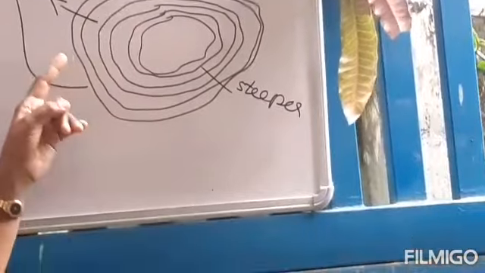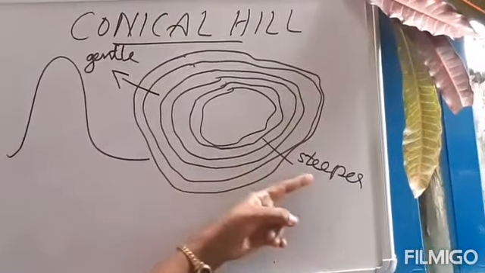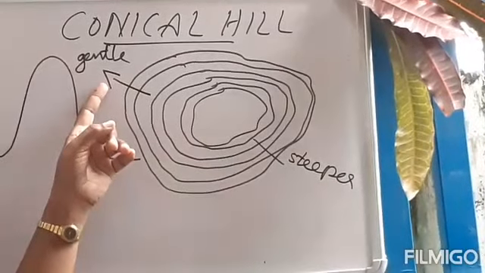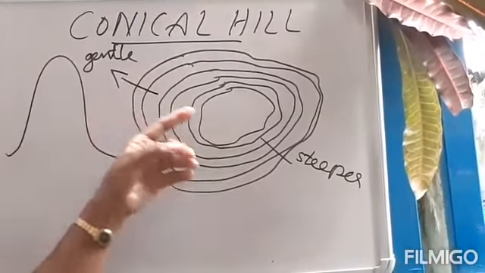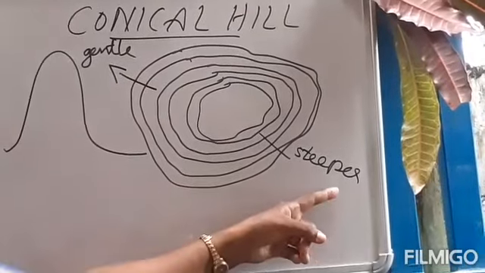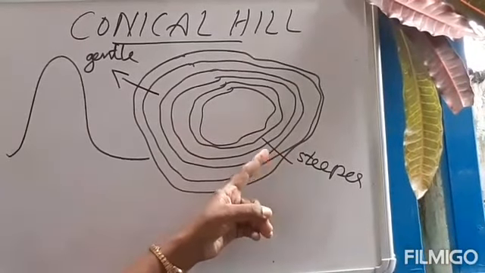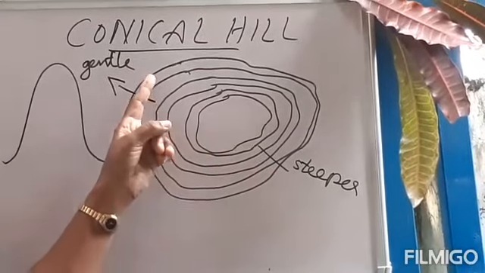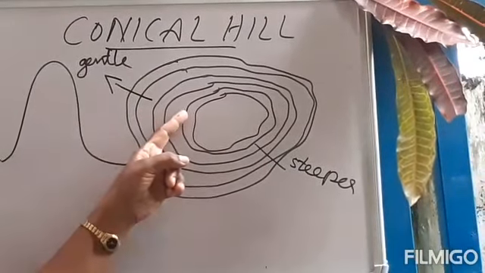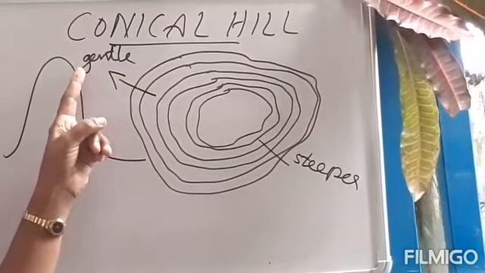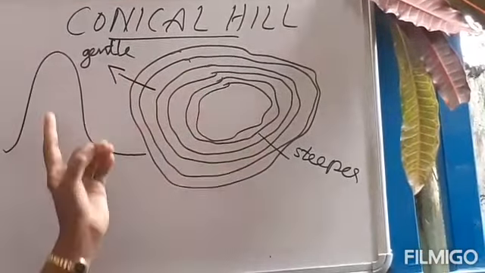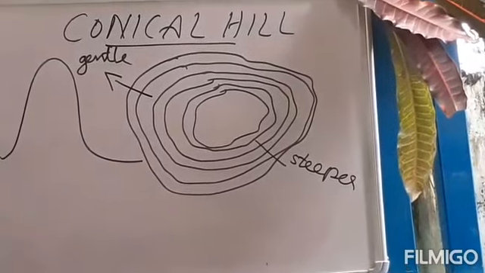One side of a conical hill has a steeper slope and another side a gentle slope. On the side where it is steeper, the contours are drawn close together. On the opposite side the contours are farther apart, which represents gentle slope. So a conical hill is a combination of both gentle and steeper slope.